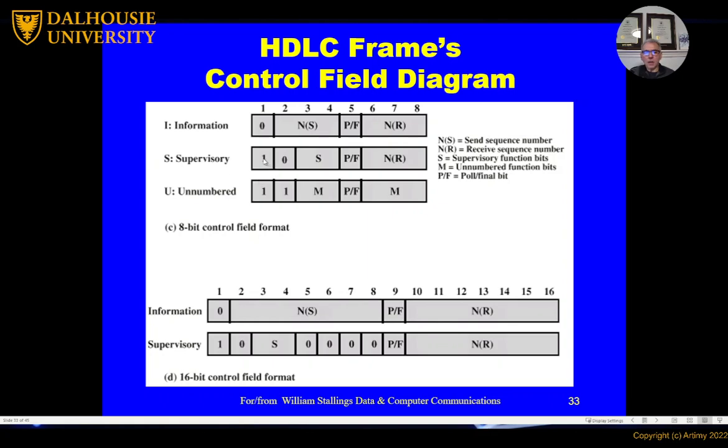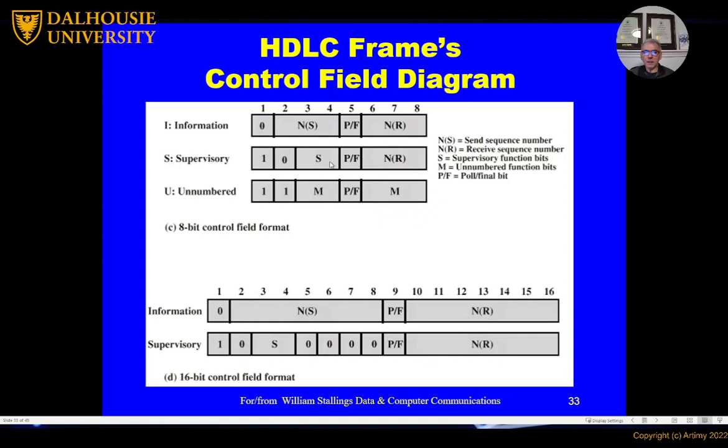Okay, so if the control field starts with 1, 0, then we will consider this a supervisory frame. The supervisory frame is the acknowledgement frames that we talked about before. So they are used for acknowledgement. So all of those RR and RNR and reject and selective rejects are supervisory frames.